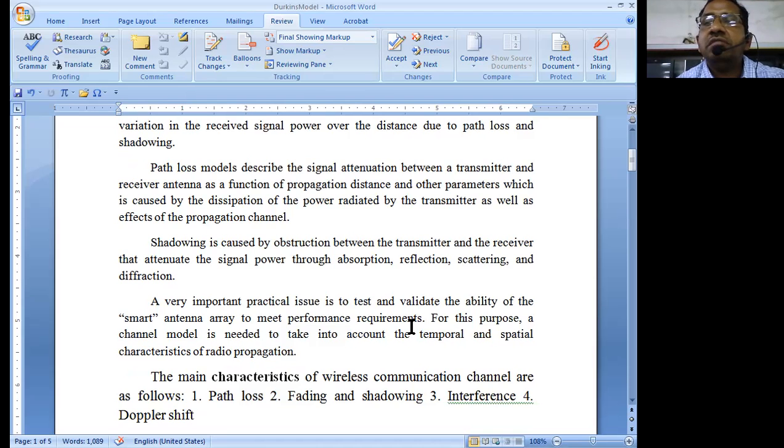As the EM wave is considered an optical wave being transmitted in the atmosphere, free space, it is also going to follow the optical waves behavior as in the optical fiber. Therefore, shadowing is caused by obstructions between the transmitter and receiver that attenuate the signal power through various processes, called absorption, reflection, scattering, and diffraction.